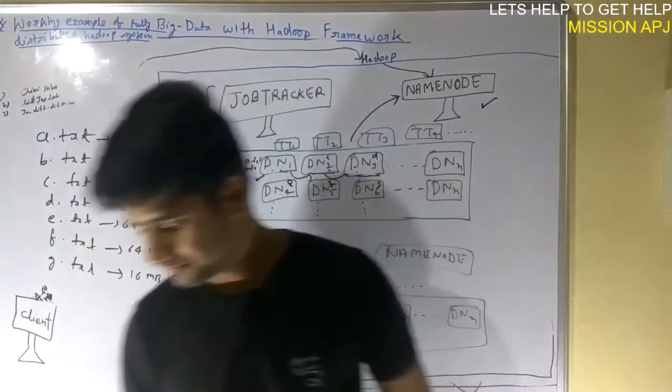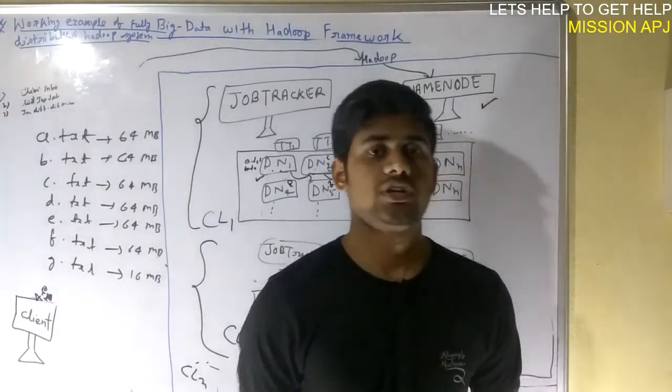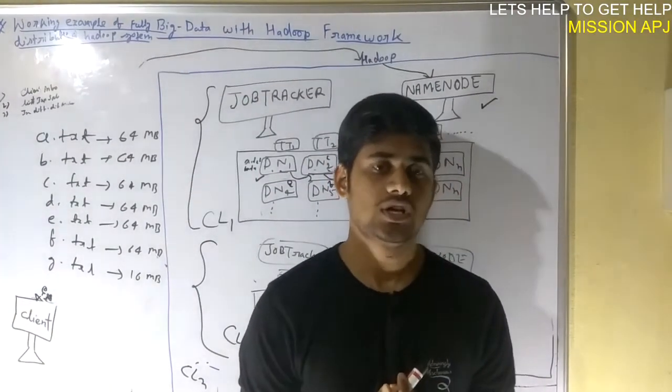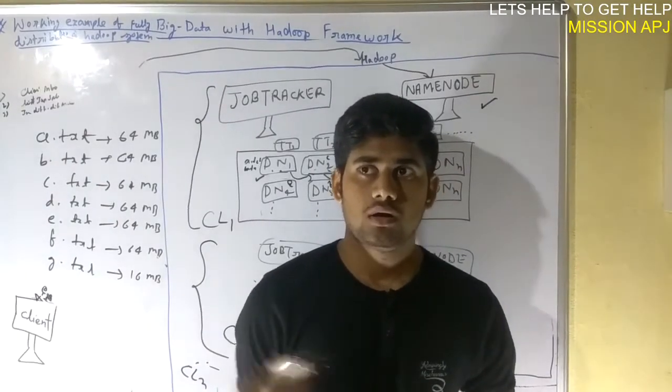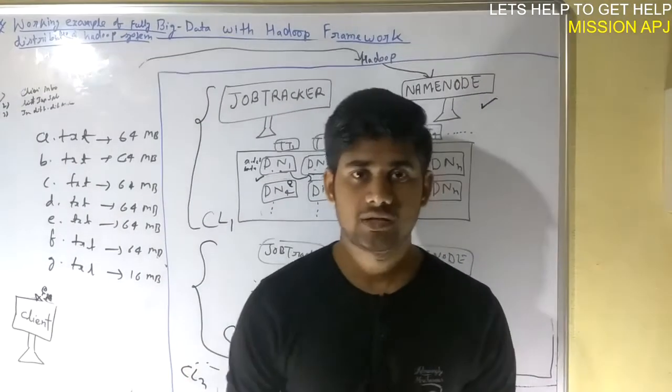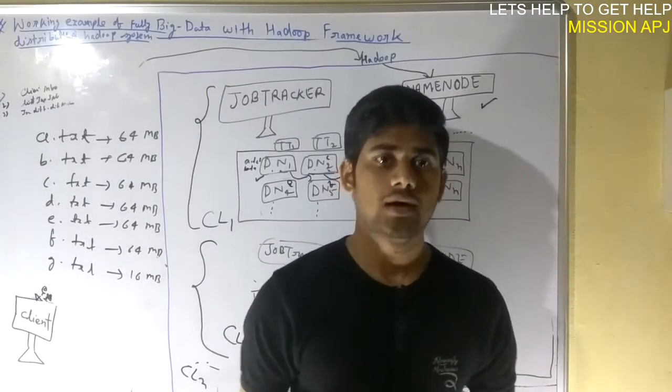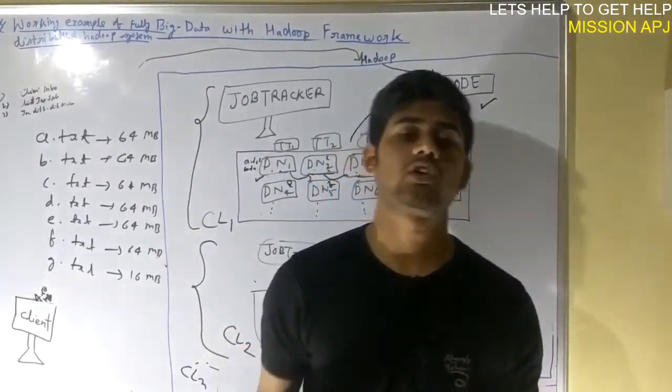Okay. Now, after storing, failure is also recovered here. How? If a data node fails, how can the name node understand which data node has failed?